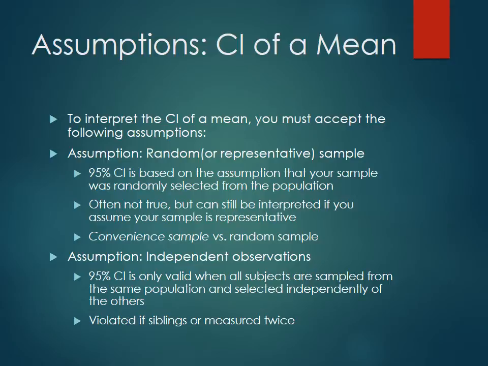Another assumption is that the observations should be independent, which means that people are only counted once. Especially if you're looking at things like predisposition for disease or risk of death, you don't want to look at siblings. Why wouldn't you want to do that? Say I was looking at neonatal mortality, why would I not want to look at twins?